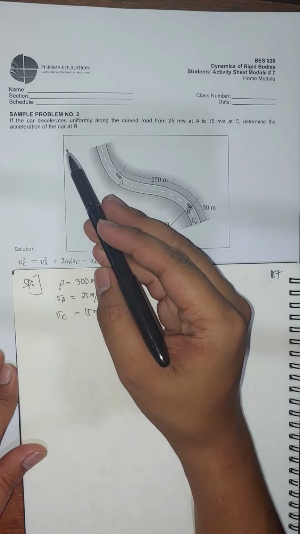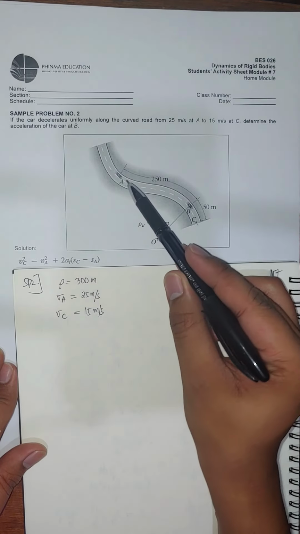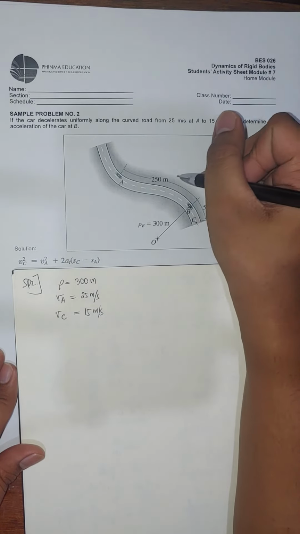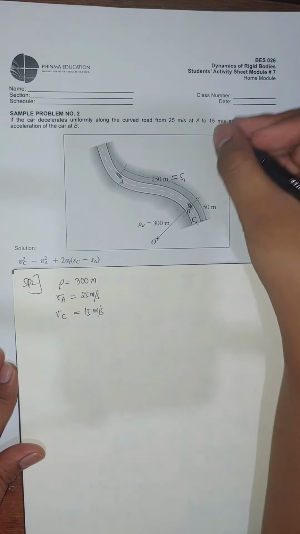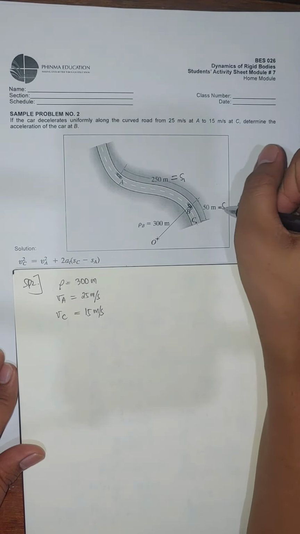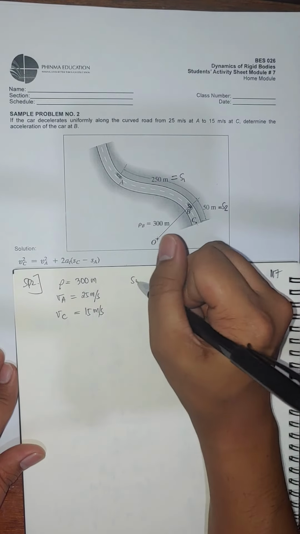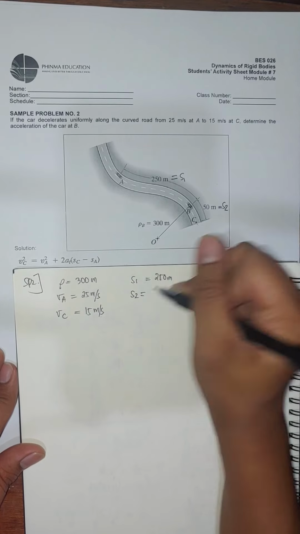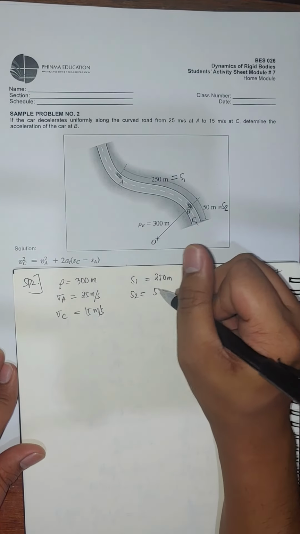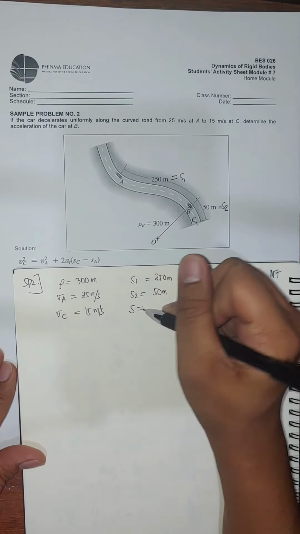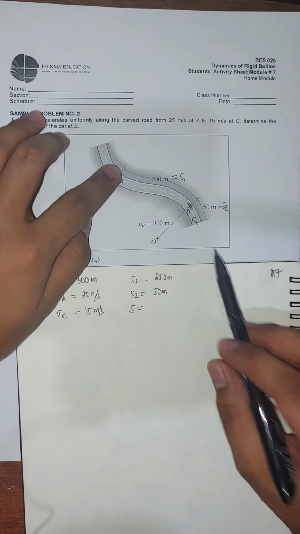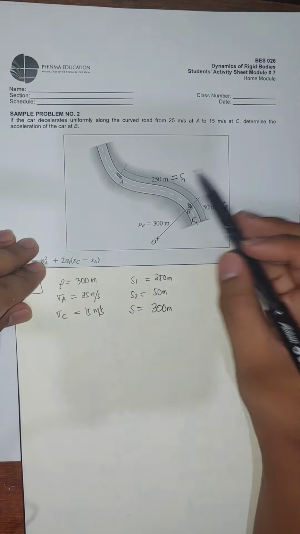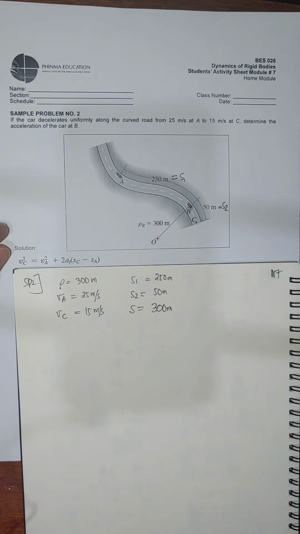And then, we also have S. Let's say this is S1 and then this is S2. So, S1 is equal to 250 meters. S2 is 50 meters. So, the total position traveled from A to C, the total distance traveled, is just equal to 300 meters, 250 plus 50.